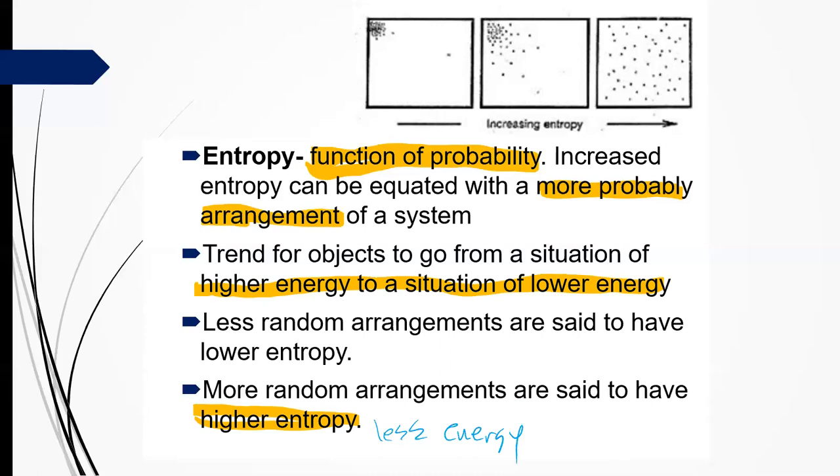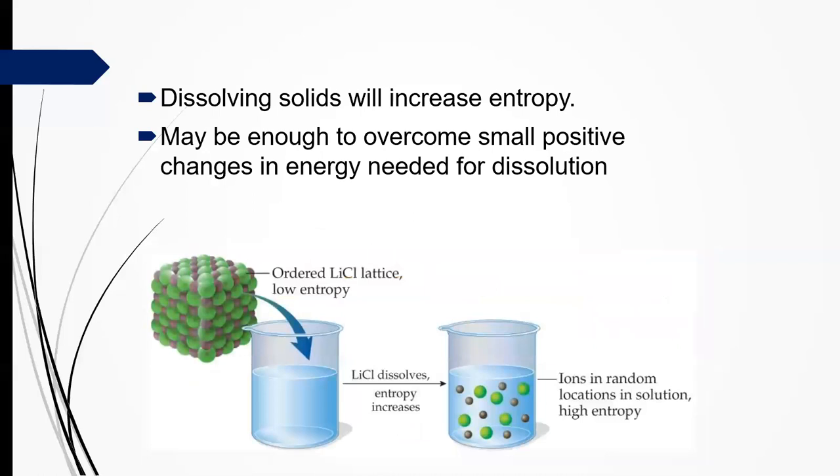And so what that means is that if there's a choice, our system would prefer to get into a position where we can have more randomness for its energies. An example of that is dissolving solids increases entropy. A solid is very ordered.